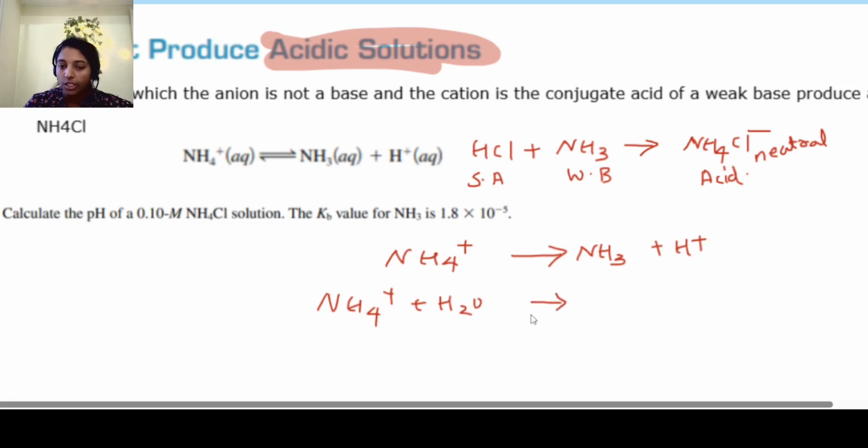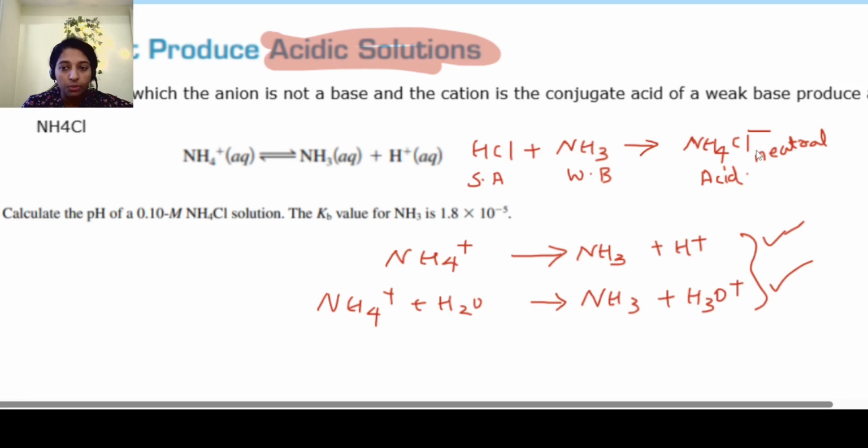At that time also, H2O is accepting H+, so the formed species are NH3 plus H3O+, the hydronium ion. Both are correct. You can show the acid dissociation equation in the first way or the second way. So if you want to show the acidic character of the salt, this is the way of showing that. So this is the salt reaction. Clear?